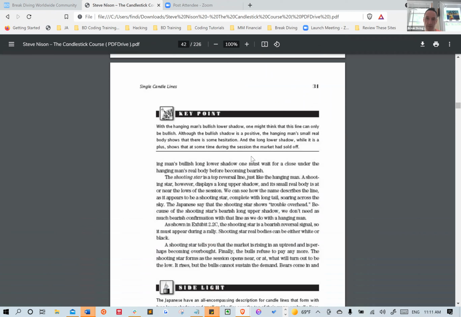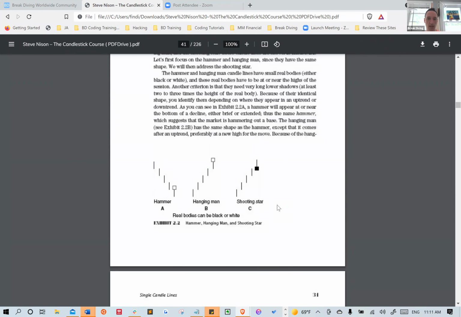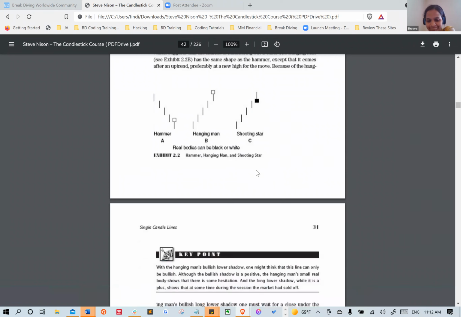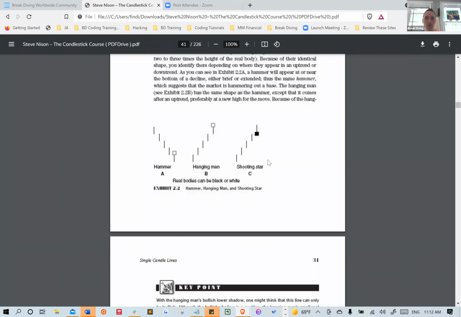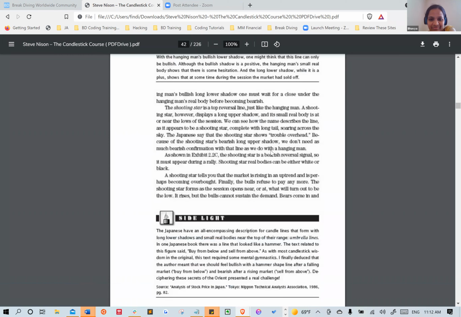The shooting star is a top reversal line. If you see a hanging man followed by a shooting star, that's trouble. Its small real body is at or near the low of the session. The name describes the line, as it appears to be a shooting star complete with a long tail soaring across the sky.